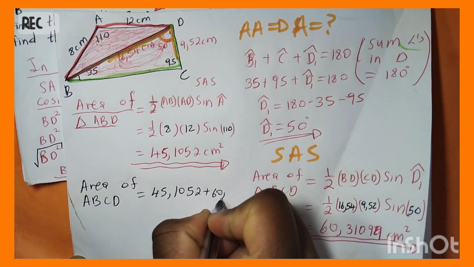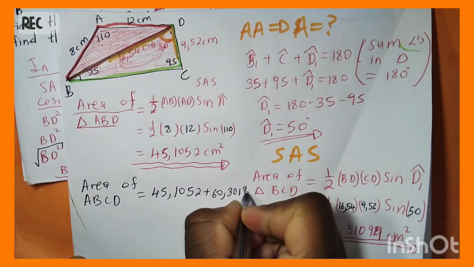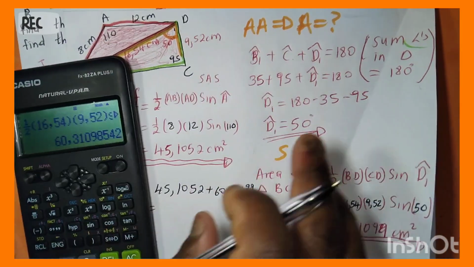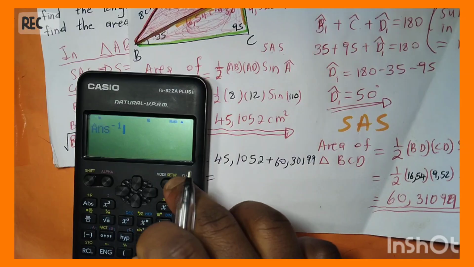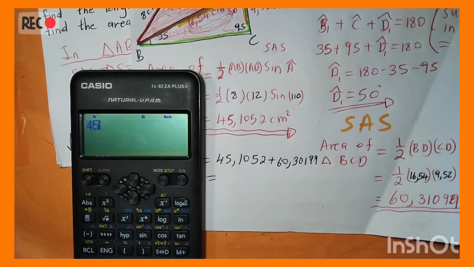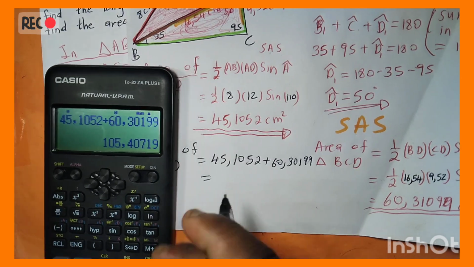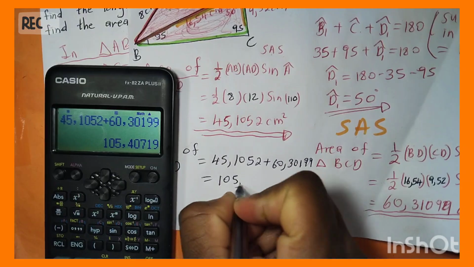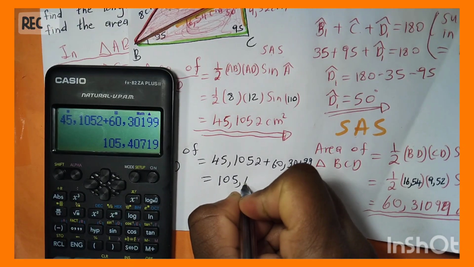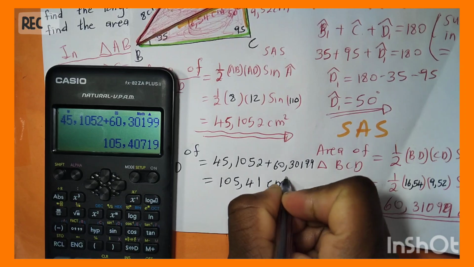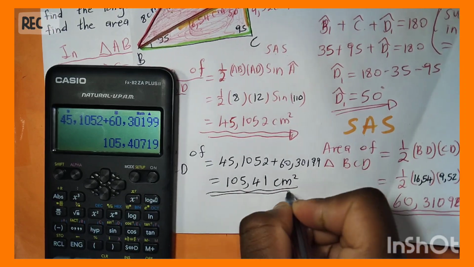So our final answer, let me just add these two things using my calculator: 45.02 plus 60.31 plus 99. Yeah, so it means that this thing there is the space which is covered by a big shape. Now round it off to 2 decimal places. That's the final answer. Do you see?